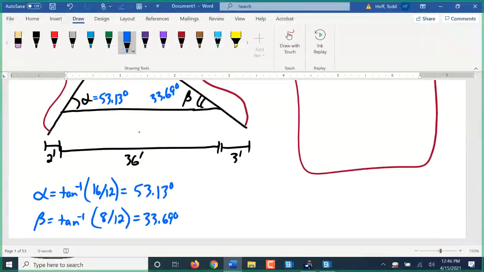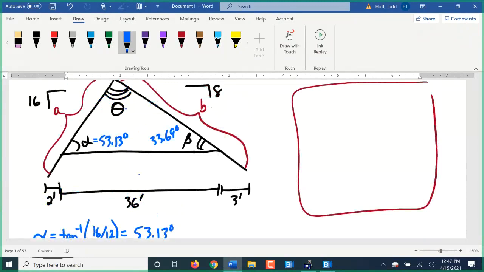Now that we have those two angles, we can find theta up here to be 91.18 degrees just by subtracting from 180. We have all of our angles.